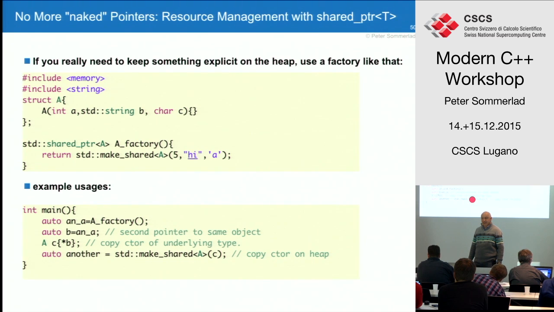So if I wanted to use the same example and replace it with make unique, I would have to create B with its own call to make unique, which would give you a new object, but you cannot actually copy a unique pointer.